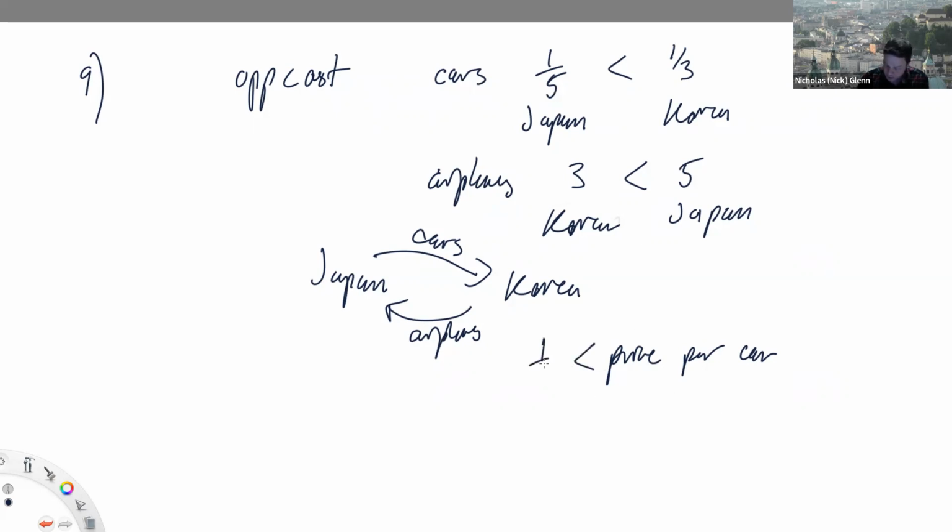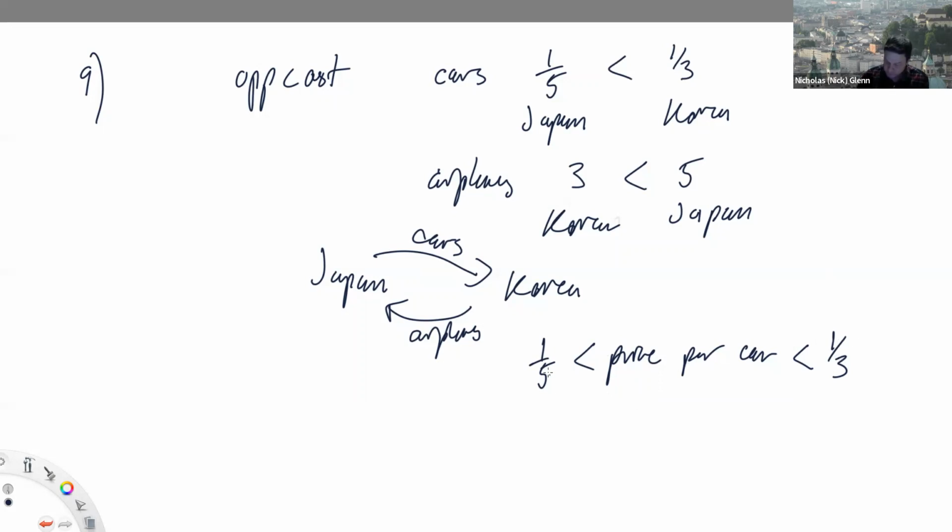And so what's your lower bound? Well, it's going to be 1/5 of an airplane. What about your upper bound? Well, that's going to be 1/3 of an airplane. All right. So the terms for trade need to be between 1/5 of an airplane per car and no greater than 1/3 of an airplane per car.